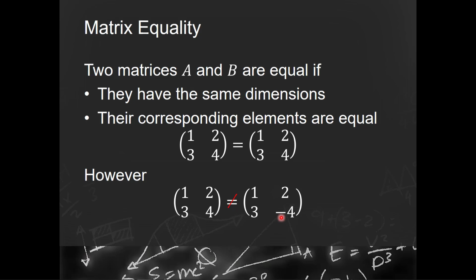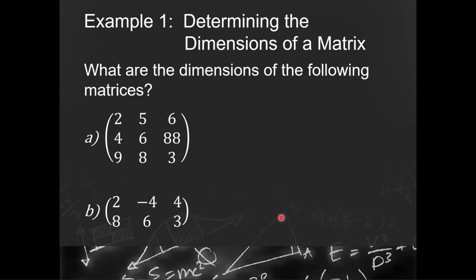Now, one of the very first things you're going to have to do in your homework is determine the dimensions of a matrix. Okay, and so let's do that here. Here we have two matrices. Part A, well, this one has 1, 2, 3 rows and 1, 2, 3 columns. This is a 3 by 3 matrix.